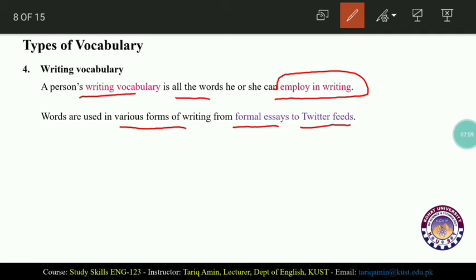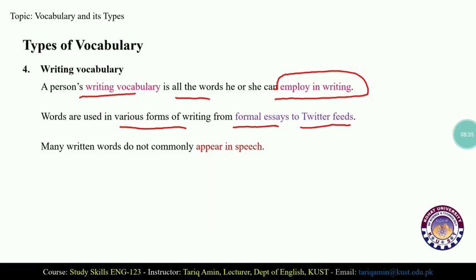So all the words that you can apply in your formal essays, your formal applications, your academic writing, and all the words that you can use in your text messages, your conversations, and your chats are part of your writing vocabulary. It is not that the words that you can apply in chatting are not part of your writing vocabulary. It is not the case. All the words that you can at least apply in your writing are part of your writing vocabulary.